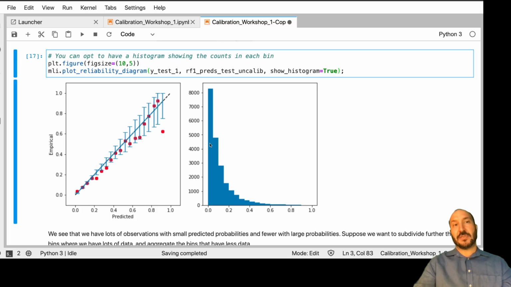And this is important to give context to this picture, because you see that most of the 8,000 plus data points are in this first bin. So if we're making mistakes out here, there's actually not that much data and it's not going to hurt us that much. Whereas in these bins, there's a lot more data, so making a mistake will be more costly.